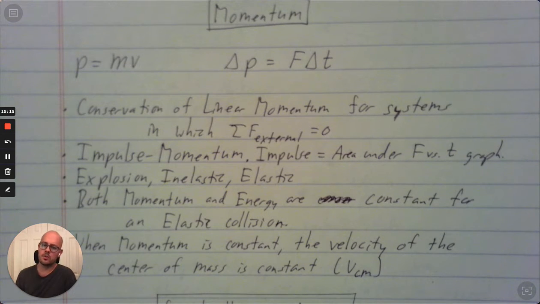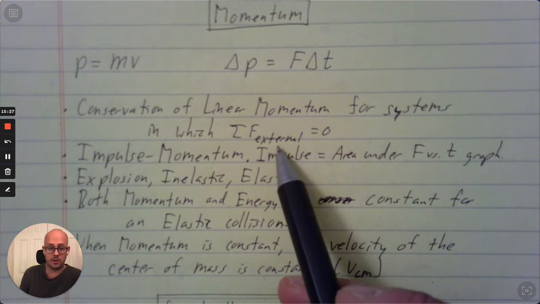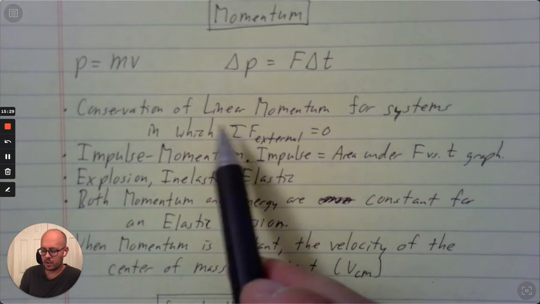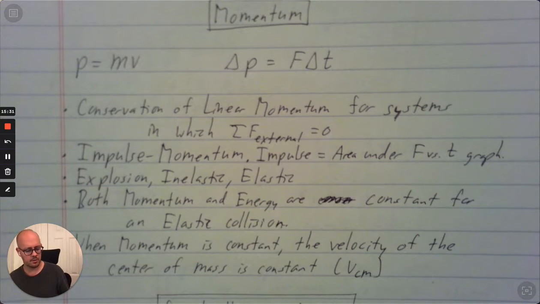So it can be two things of similar size that collide. And by similar, I mean they could be two cars, but they could also be a car and a bus. So they don't have to be exactly the same size. But if you're thinking about a ball bouncing on the Earth, that's probably not a conservation of linear momentum situation because the Earth is so much larger than the ball.